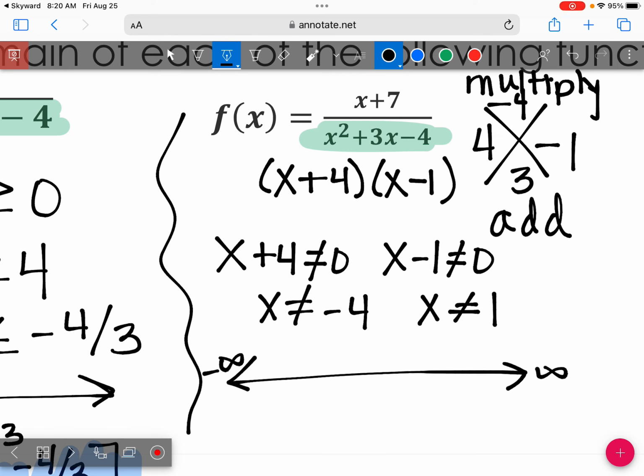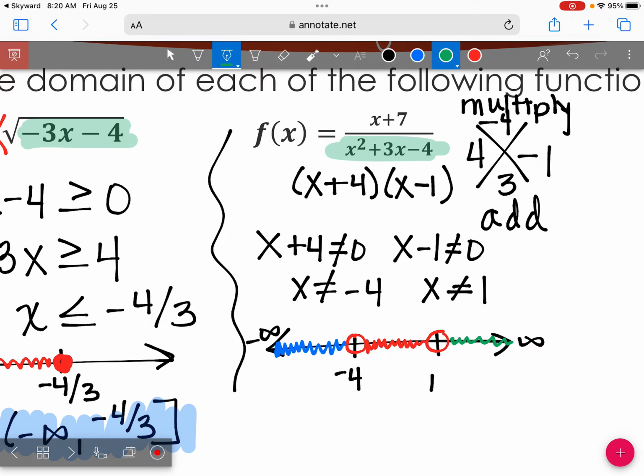So the smallest number is negative 4, so that's going to go to the left, and then 1. So I have 3 pieces of my domain. My first piece is negative infinity to negative 4. The second piece is in between these 2 numbers. And then my third piece is 1 to infinity.